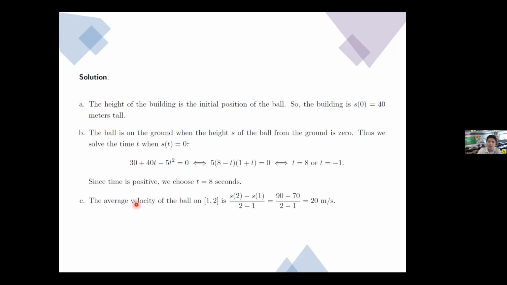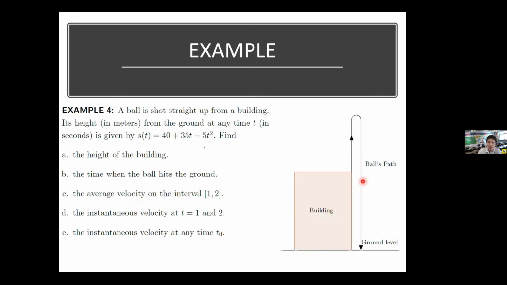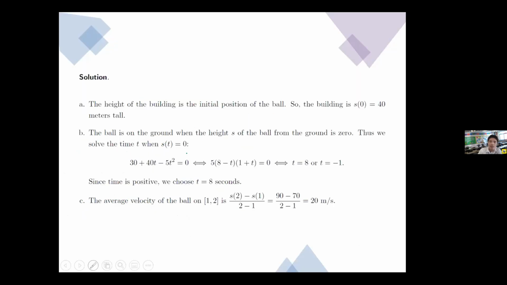So, meaning, s of 0, pulihan lang nato ng 0 tanan. So, kung atong i-substitutean, kung mag-solve tag s of 0 diha, so 40 plus 35 times 0 plus minus 5 times 0 squared. So, kabalo ta 0 na ni. So, ang mabilin, 40. Kaya, the height of the building is 40 meters tall.